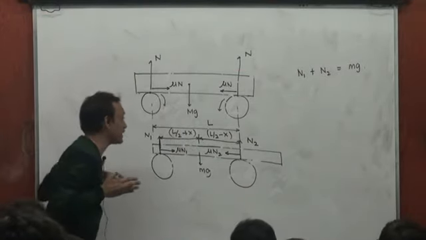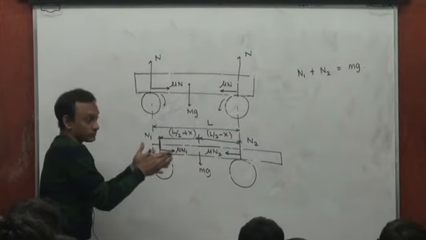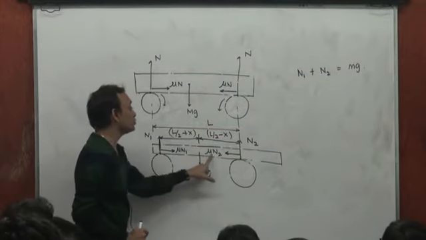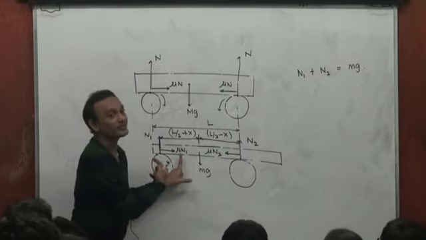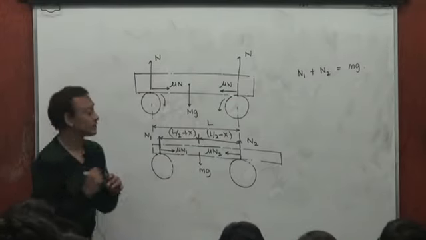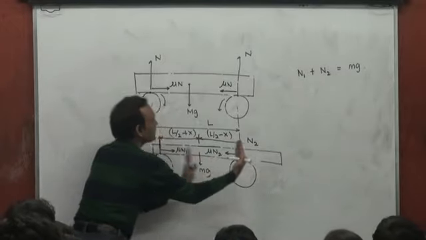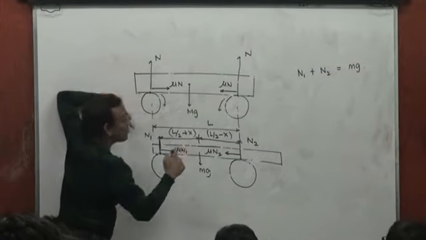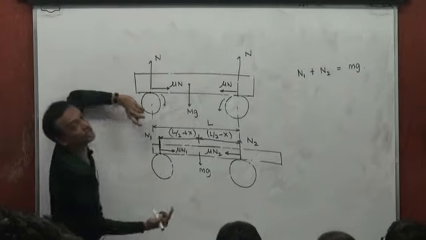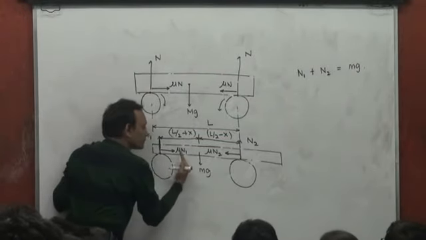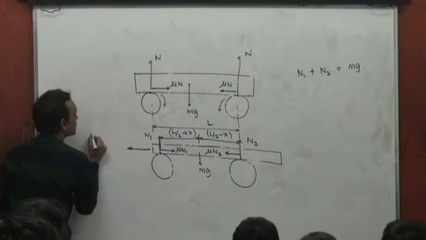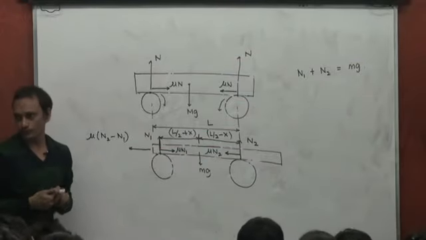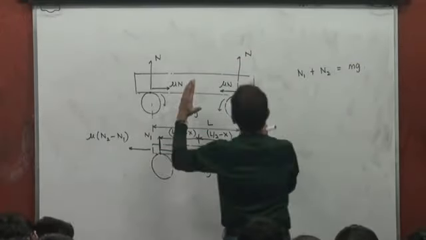So when I have moved it by an amount x to the right, there is a net force mu N2 minus mu N1 acting to the left, which could be looked upon as a restoring force, right? When I have displaced it by an amount x to the right, this was an equilibrium position. Net of all forces acting on the platform horizontally was 0. But now net of all forces is not 0 because N1 is no longer equal to N2. So the restoring force is going to be mu times N2 minus N1 to the left. Yes or no?